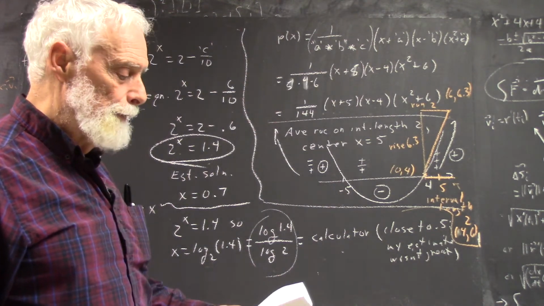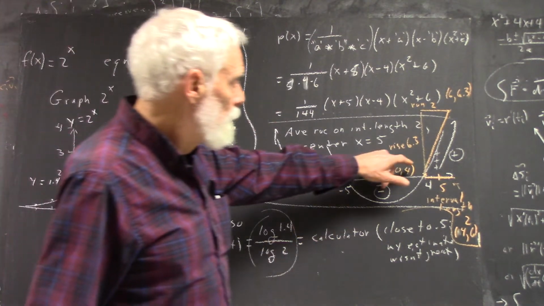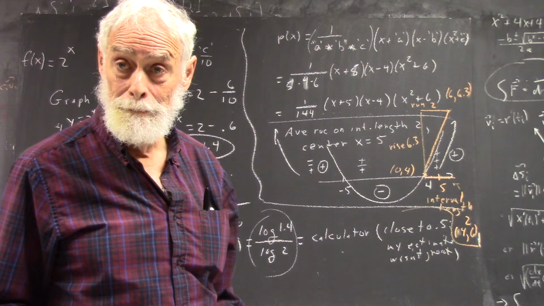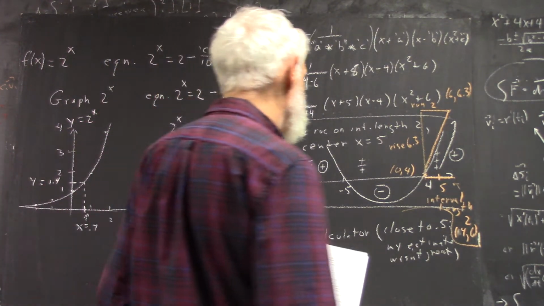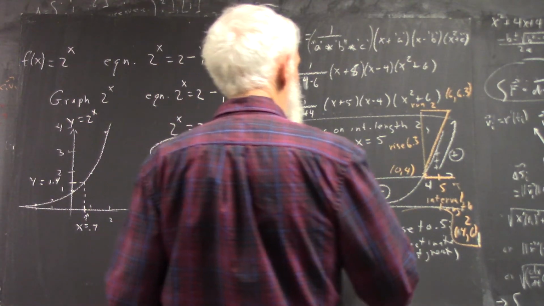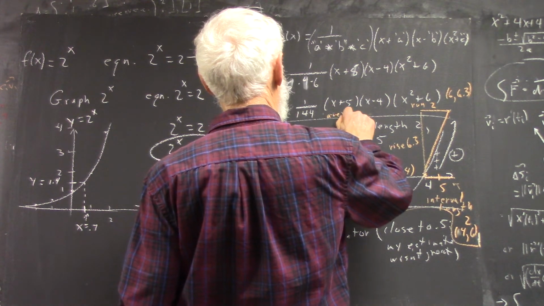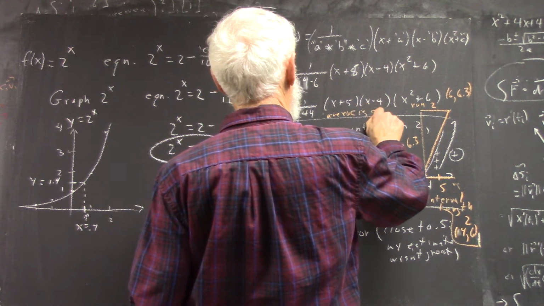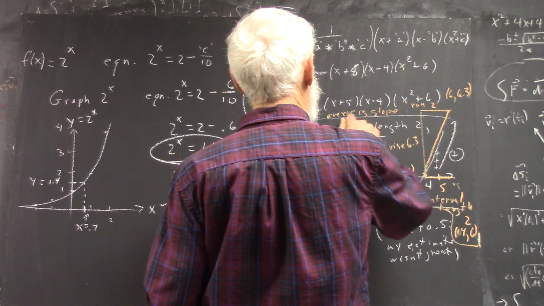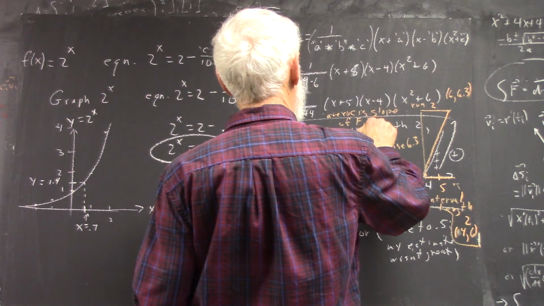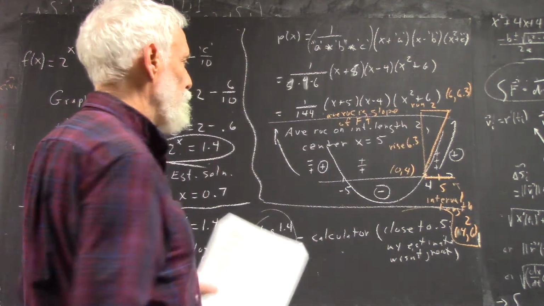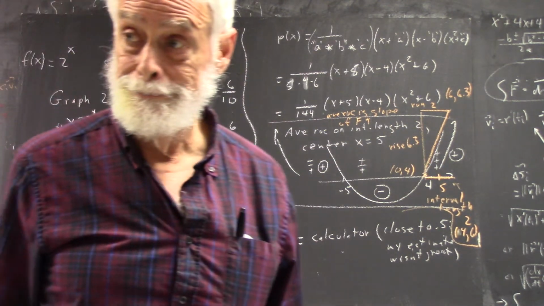So I asked for the average rate of change, which is why I drew the triangle, right? It says the average rate of change is the slope of the fundamental triangle.